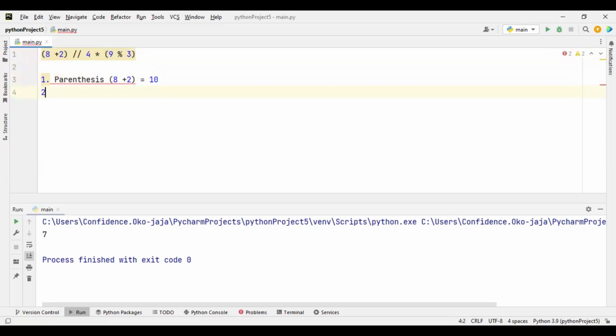And the second will also be parenthesis, which is 9 modulo 3, and that is equal to 0. So the third will be the floor division.